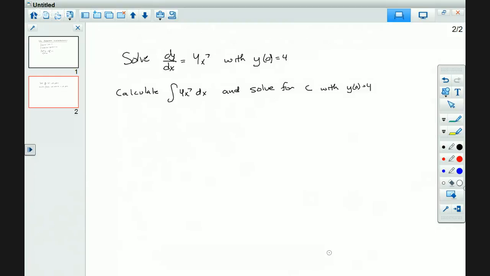Okay, this is another way to write it. This is a derivative, right? So how do you find the original? Take the antiderivative, right? So that's kind of the mind frame we're trying to get you in.